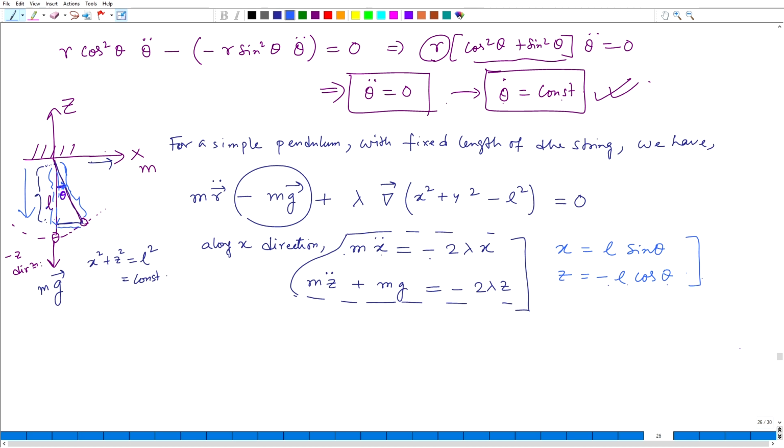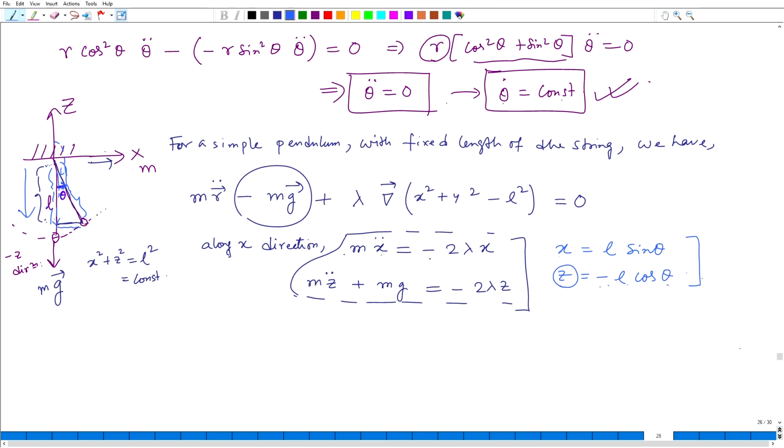Okay. This is just a convention to make sure that z is negative. Okay. You can also redefine your angle theta from this direction actually, and from there you can also have the same situation. Okay. Just try that as well.